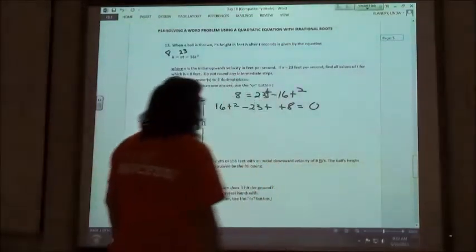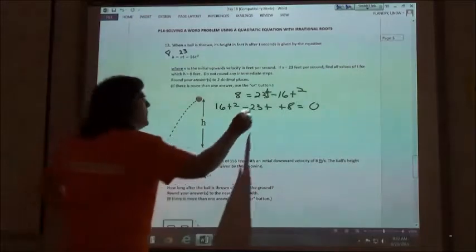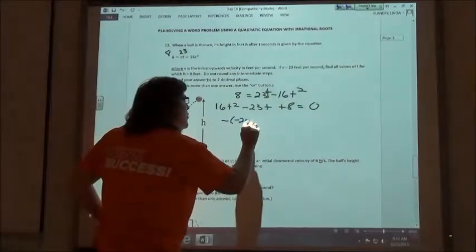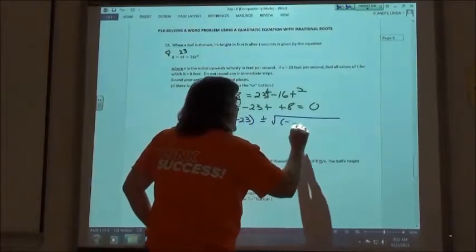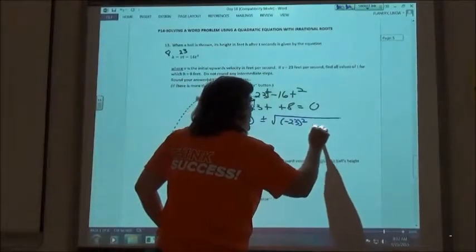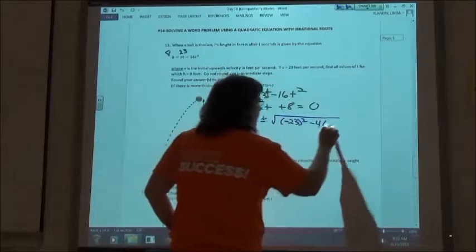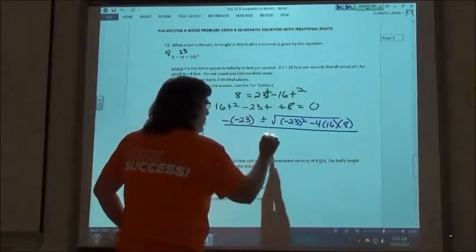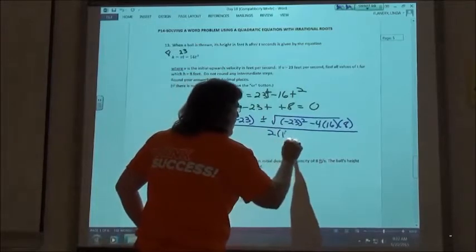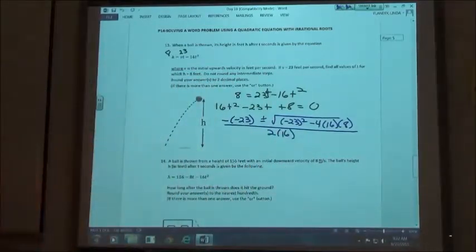So plugging into my quadratic formula, I'm going to have minus that negative 23 plus or minus the square root of negative 23 squared minus 4 times a is 16 times c is 8 over 2 times a, which is 16.